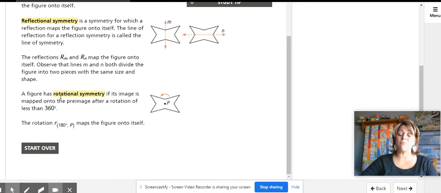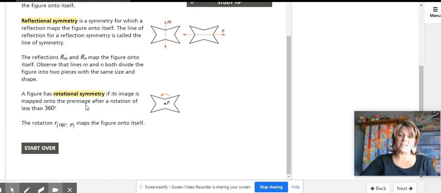There is also rotational symmetry. So reflectional symmetry, rotational symmetry. This is when you rotate the image and it maps onto itself, kind of like my hand. But with my hand, you had to rotate all the way 360. We don't count that as rotational symmetry because everything that rotates 360 degrees would end up mapped onto itself.